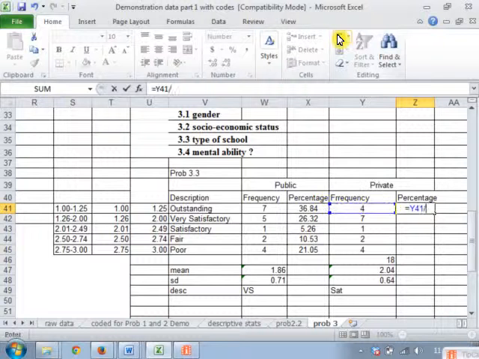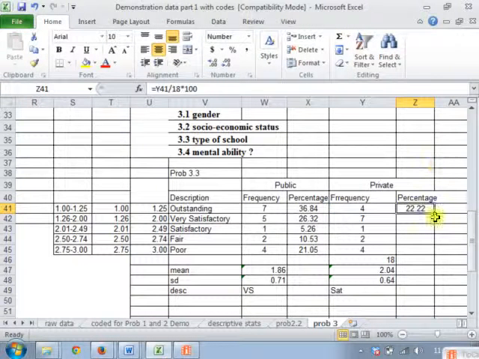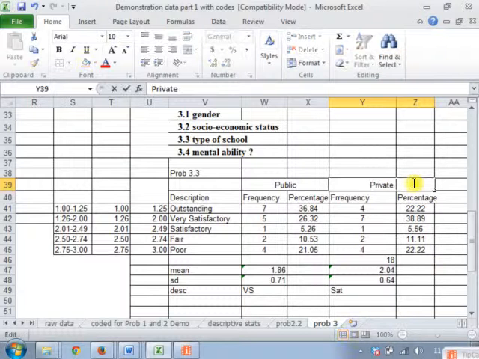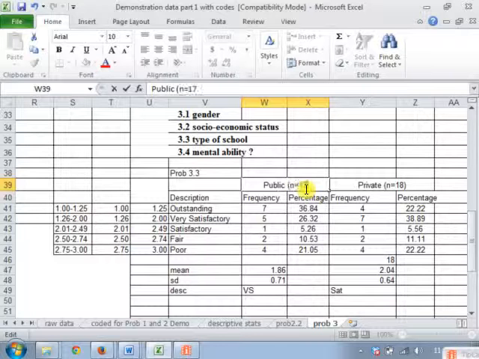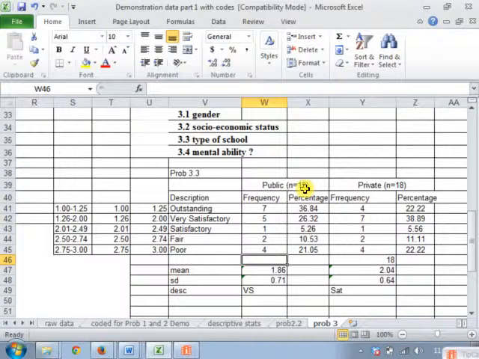Oo, 37. And 61 yung inyo. Okay. So which means you can put here n is equal to 18. N, not the big N, but the small n. And then the public, you have n equals 19. Right? So, let's look at this.